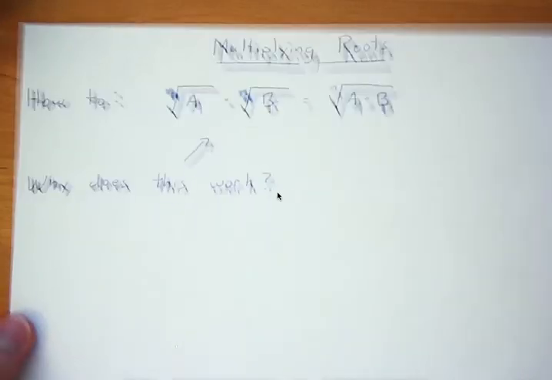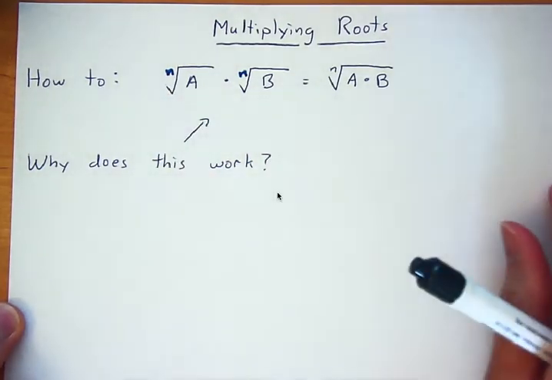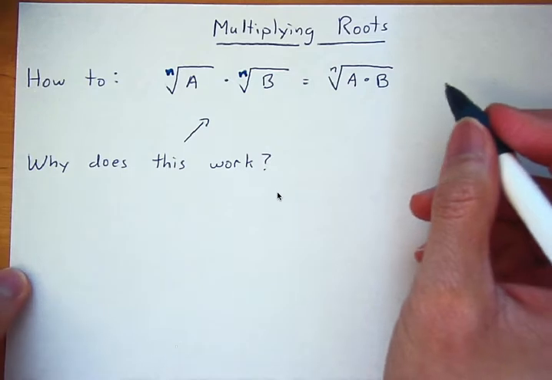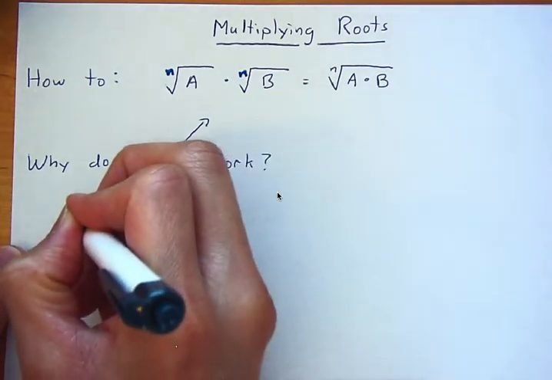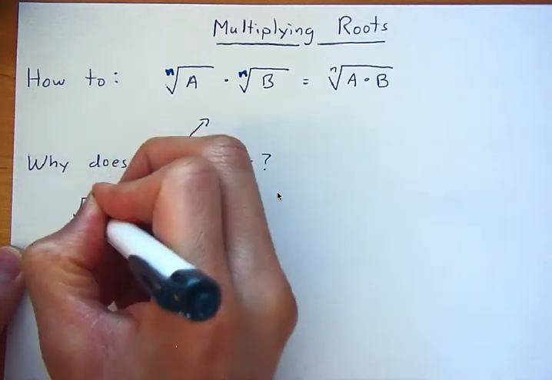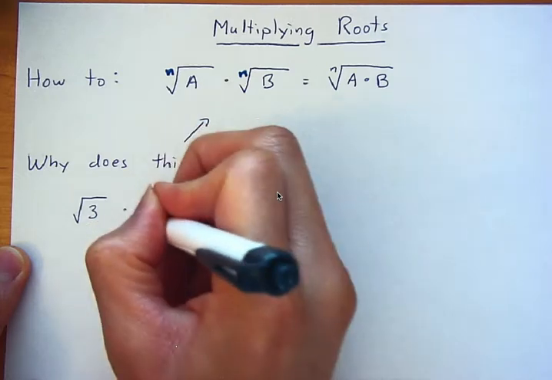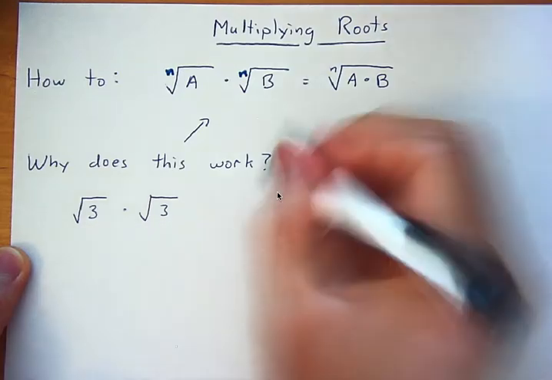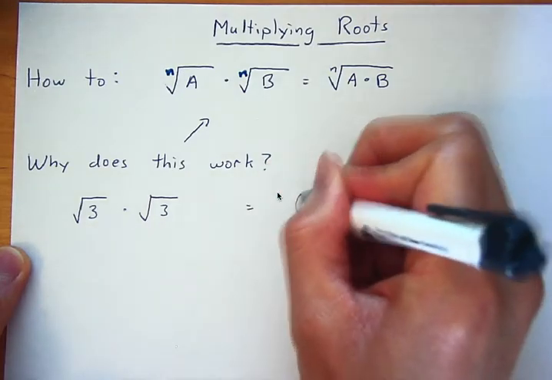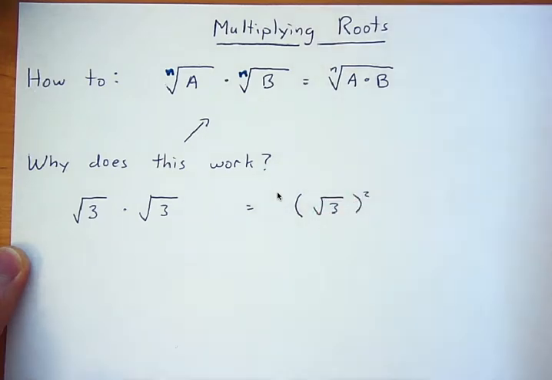Okay, so back to multiplying roots. So why exactly does this work? Well, let's use an example to explain. So if I have the square root of 3 and I'm going to multiply it by the square root of 3, well, I know that this is equal to parentheses square root of 3 squared.